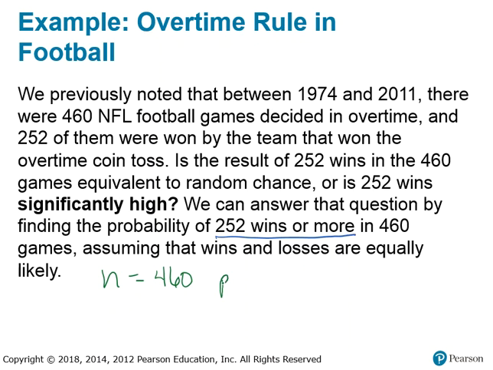Our P would be, oh wait, win or lose, so it's 0.5. Our Q would be 0.5, because half the time we win, half the time we lose. And so, because they want us to do 252 wins or more, really we're going to do probability of 252 wins, probability of 253 wins, probability of 254 wins, and so on, all the way up to 460.